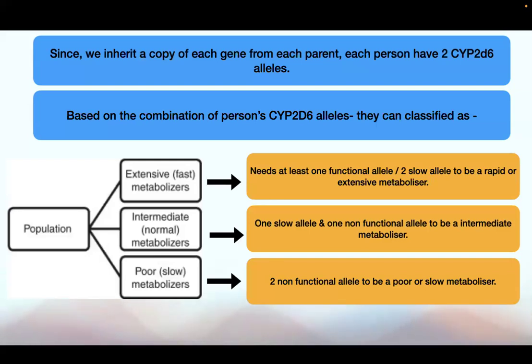Only 1% is classified as ultra rapid, where a person has two functional alleles plus one more, right? So this is the ultra rapid one.